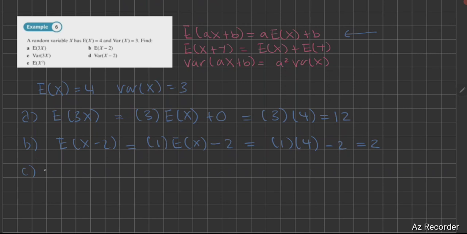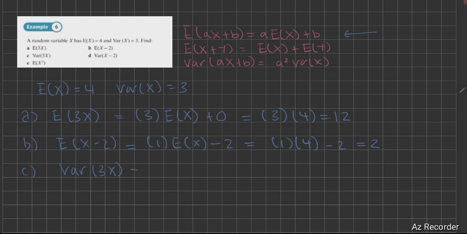For part C, we've got a variance question now. It's the variance of 3x. If you notice here, the b value does not affect the variance, because if we've got a set of data and we're adding on, say, 3 to every number, the spread of the data does not change.